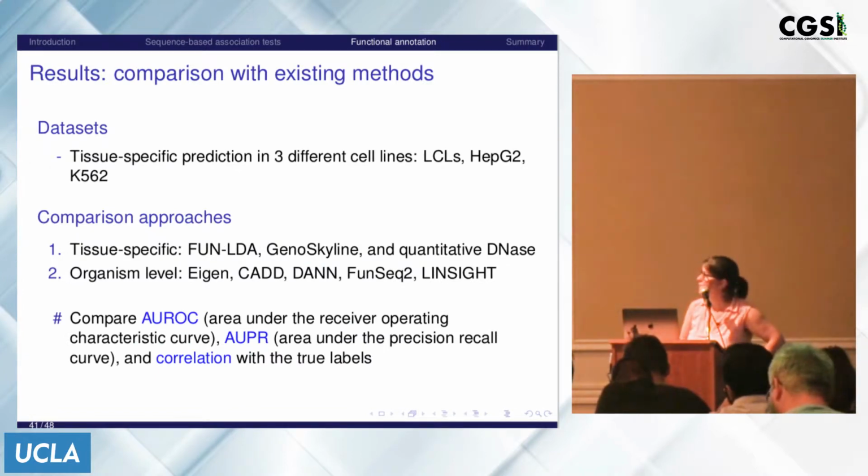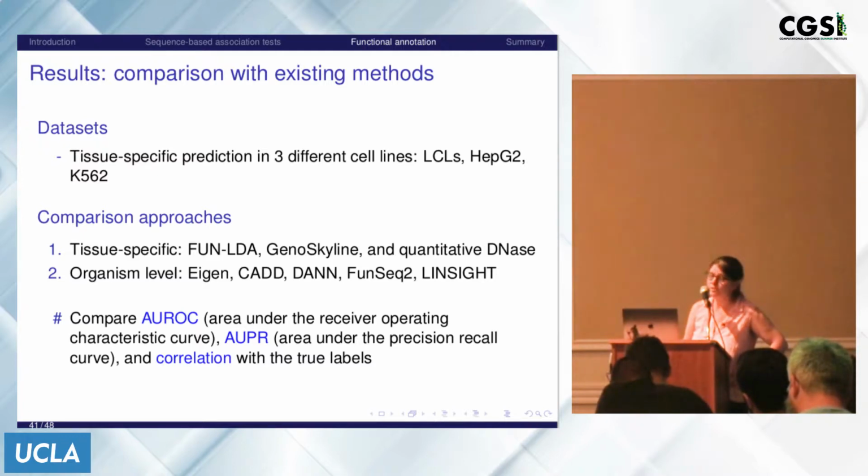Well, so we compared the accuracy of GenoNet with existing methods, and I'm going to show here a comparison on data from 3 cell lines where we actually had some MPRA validated variants. And we compared with different types of methods, so tissue specific, like I mentioned FUN-LDA.